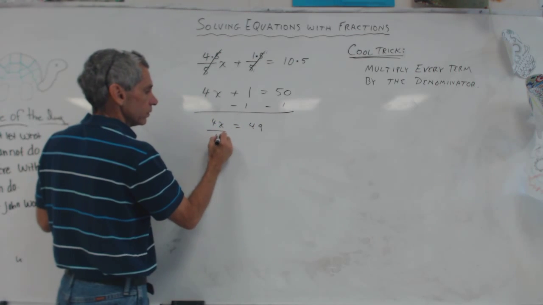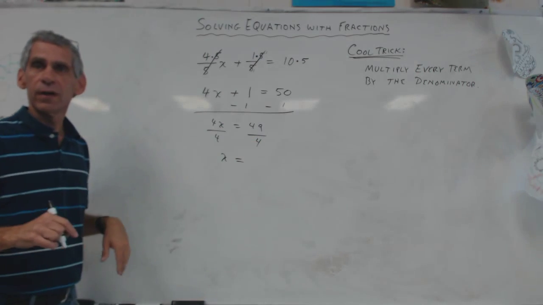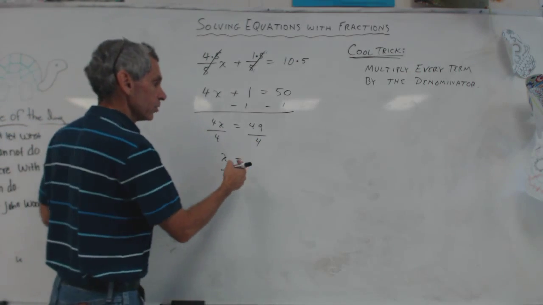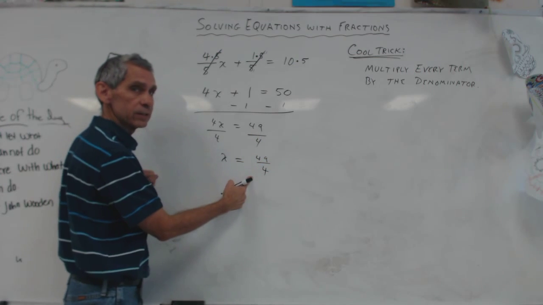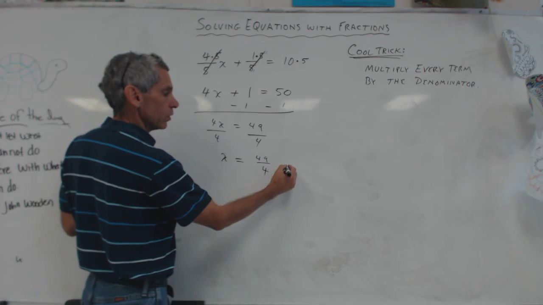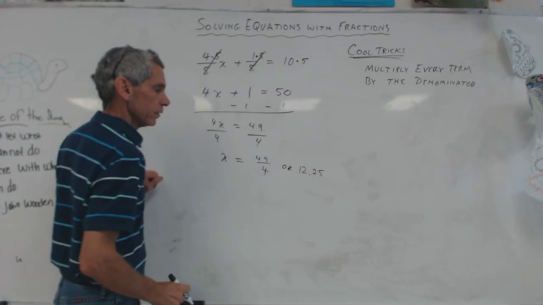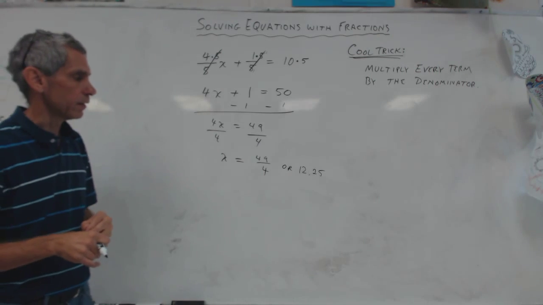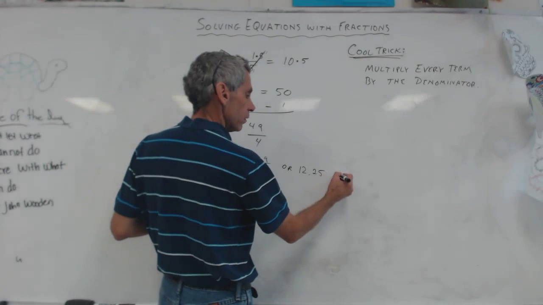Divide by 4, x is 12.25, right? So we could either say 49/4, that would be legal. That's an acceptable answer. Or you could say 12 point 25. Or you could say 12 1/4.